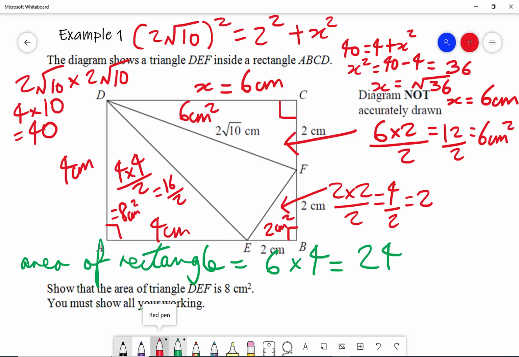Then we need to now do 24 minus the sum of the area of the other 3 triangles. So that's going to be 6 plus 2 plus 8.